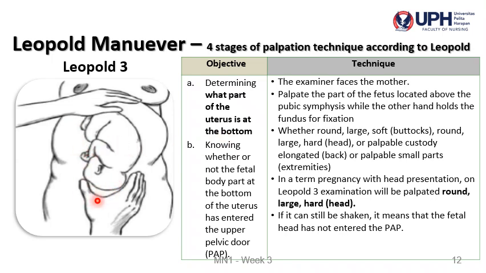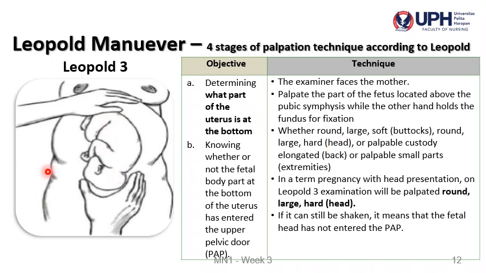Next, on Leopold 3, you are going to determine what part of the fetus is at the bottom here, and then you have to see whether the head is actually entering the upper pelvic inlet. So the examiner faces the mother, and you palpate the fetal part located above the pubic symphysis with one hand, while the other hand fixates the fundal height so we can see where the baby is.